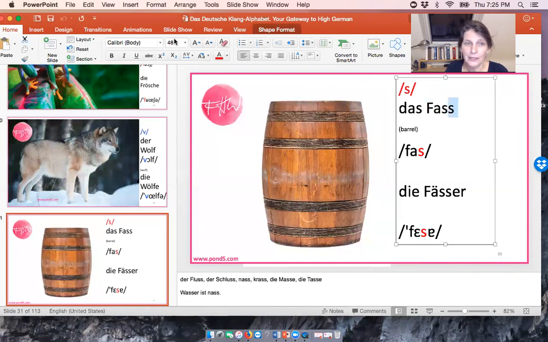So, oops, doesn't work like that. I wanted to underline it. Okay, so you have Fass und die Fässer. So this image represents that sound, Fass.